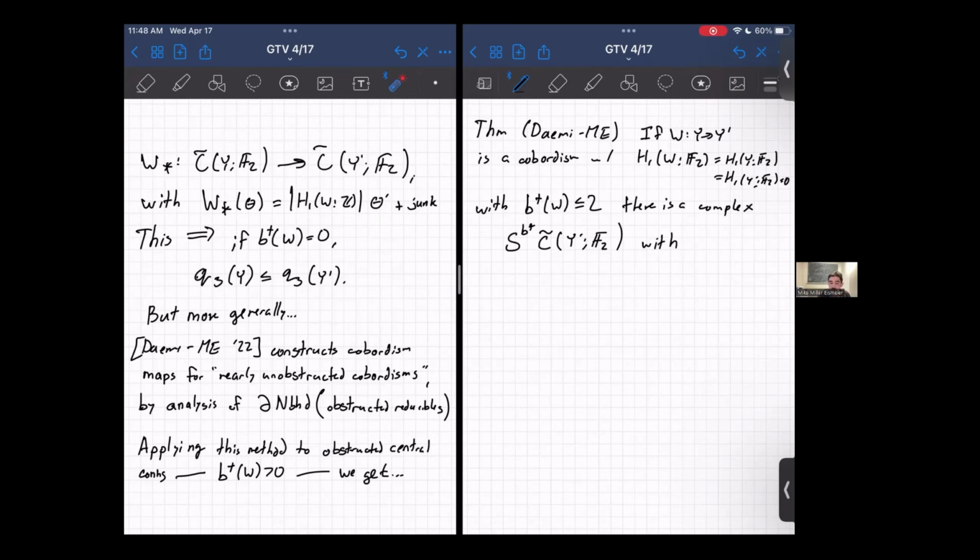This is still a lambda chi1 chi2 module. I can still define the Q3 invariant of this complex, and the Q3 invariant shifts a little bit. The Q3 invariant of this shifted complex is Q3 of y prime plus that B plus term.